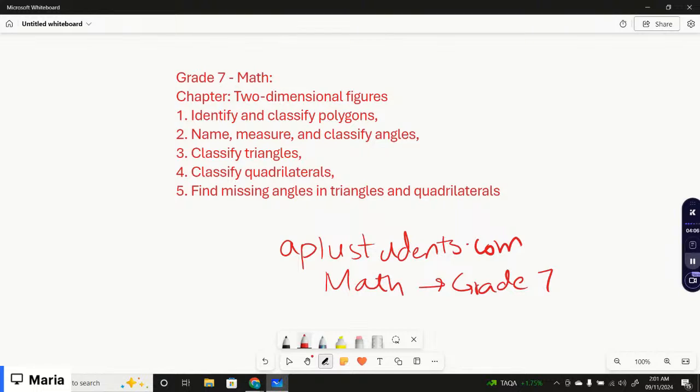And the lessons we're going to cover today are identify and classify polygons, name, measure, and classify angles, classify triangles, classify quadrilaterals, find missing angles in triangles and quadrilaterals.